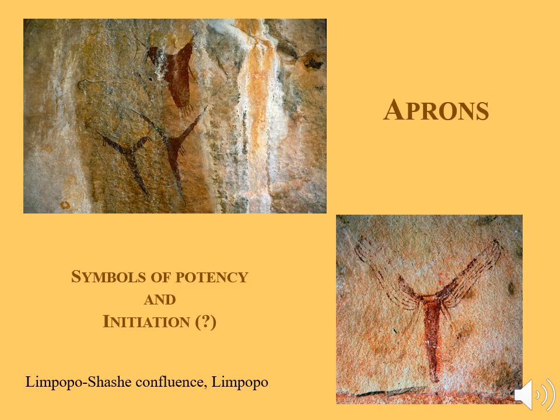And then we have quite a regionally specific theme in the rock paintings in the north of South Africa, the Limpopo-Shashe confluence, where we find paintings of what we've identified as aprons, and different kinds of aprons for men and for women.